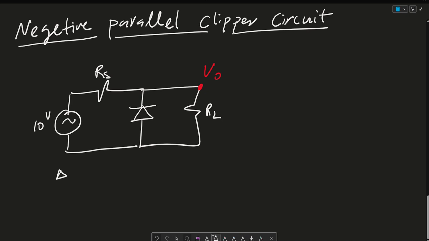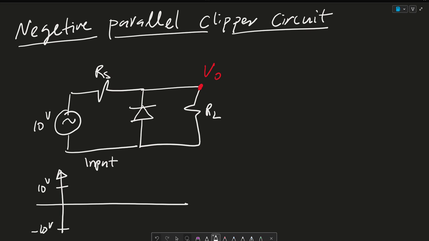This is my input, let's say that this is 10 volts and this is negative 10 volts. If we put a positive waveform through it, it's going to go here. Since this is in reverse bias, we're going to see an open circuit here.